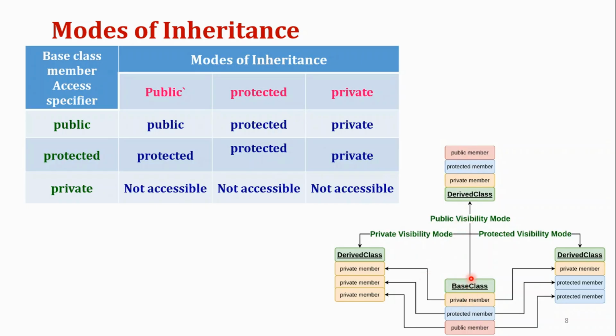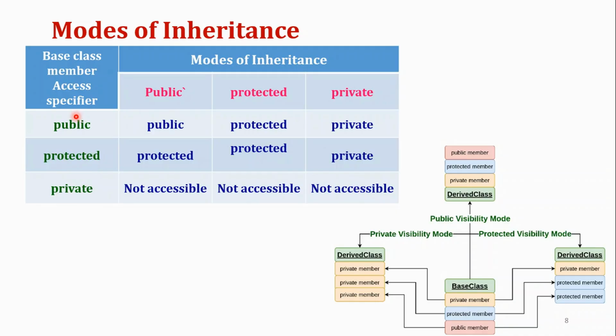Check the private mode of inheritance: public becomes private, protected becomes private. Check the third one, protected: protected becomes protected, private is never inherited, and public is inherited as protected. So that is what the modes of inheritance are. Private is never inherited to any subclass, child class or derived class.